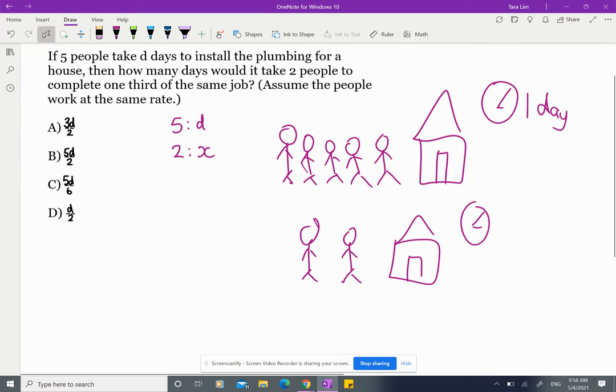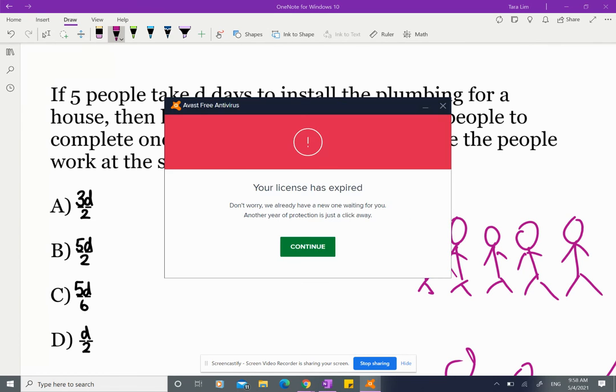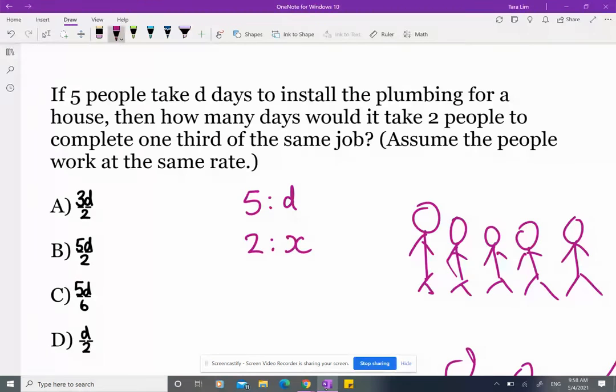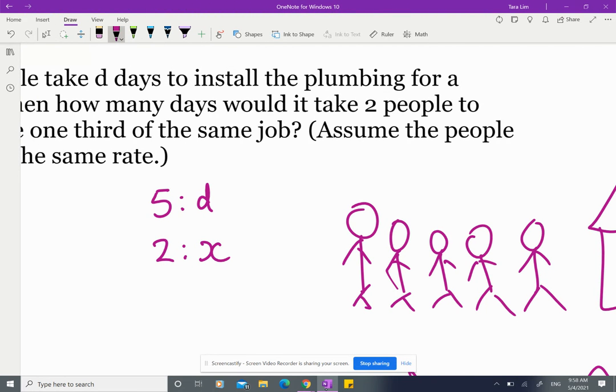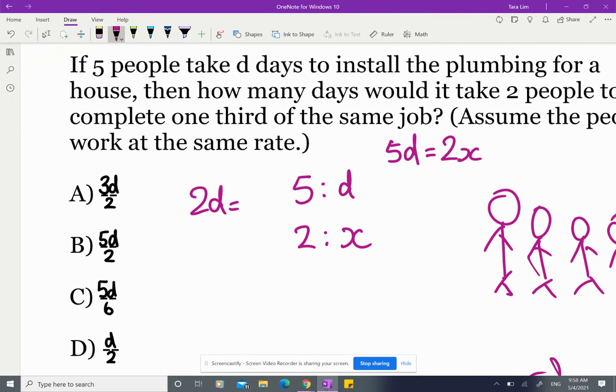So when we have this type of question, we're going to do inverse ratio. What I mean is we're not going to do 2 times d divided by 5. Instead, we'll do the opposite way. So 5 times d is equal to 2x, because normally we would do 2d equals 5x, and now we're doing the opposite.